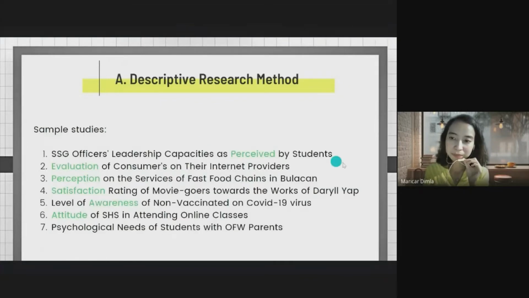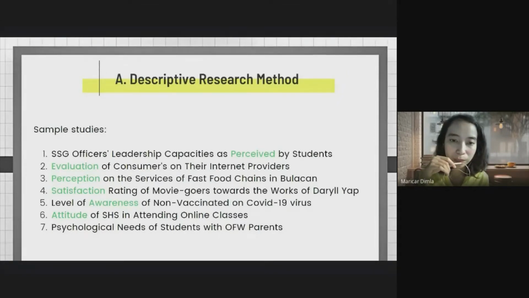So class, we have here sample studies. I want you to read carefully these sample studies and answer this question. And the question goes like this.